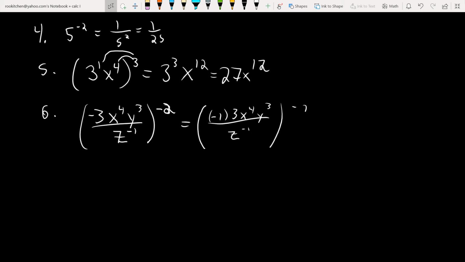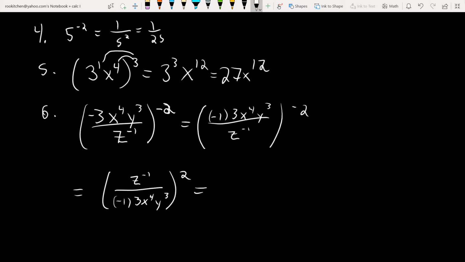And then I can multiply the exponents. You could flip it and then change the sign of the outer exponent. To get rid of that negative 2 on the outside, you can just flip the inside. So you get z to the negative 1 all over negative 1, 3x to the 4th y cubed with a positive 2 on the outside.